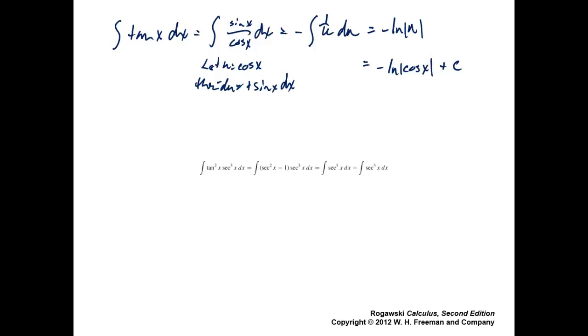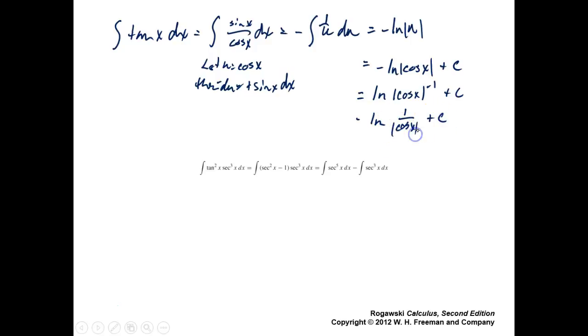Now, a little bit of a quiz here. Do you remember enough about log functions, the rule of what you do if you have a coefficient in front of the log function? Exponent of what's inside. So this is the same as the log of absolute value cosine x to the minus 1, which is the log of 1 over cosine x plus c.